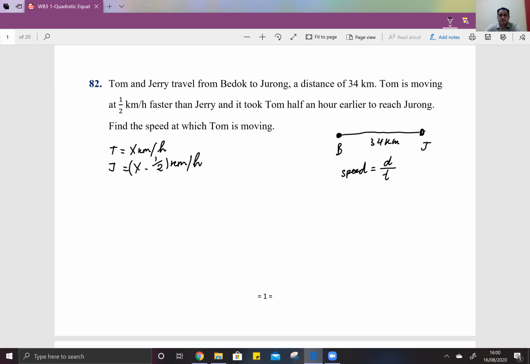It took Tom half an hour earlier to reach Jurong. And then we need to find the speed. Yeah, so now let's also use t for Tom's time, right? Tom half an hour earlier.